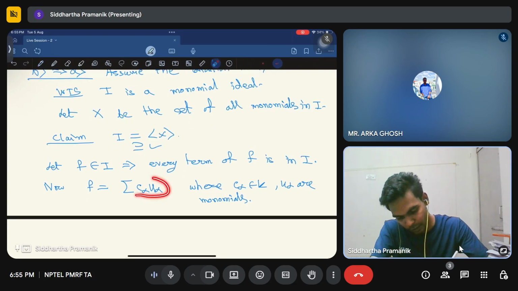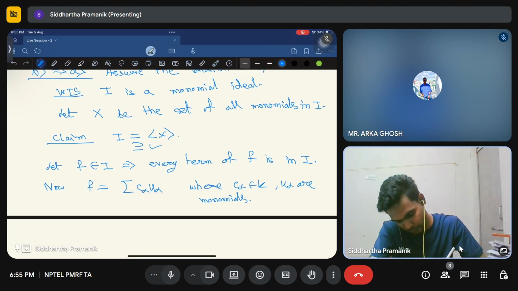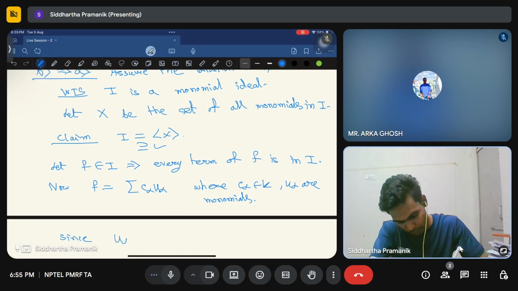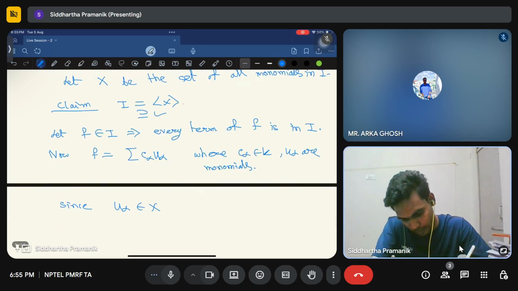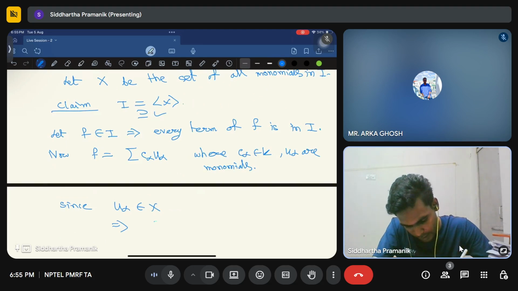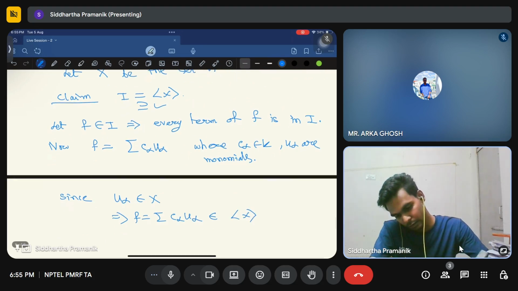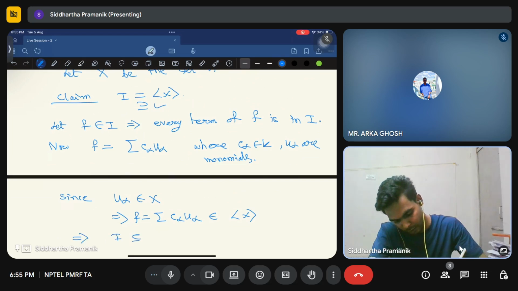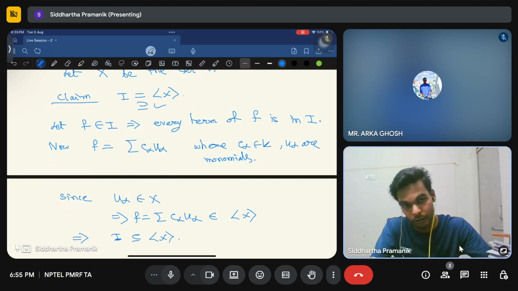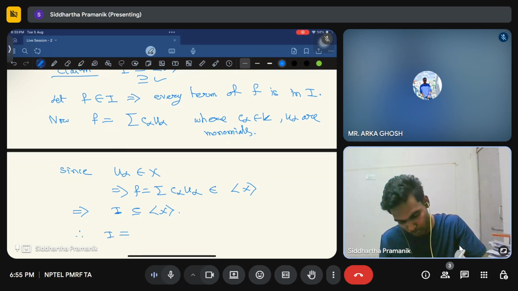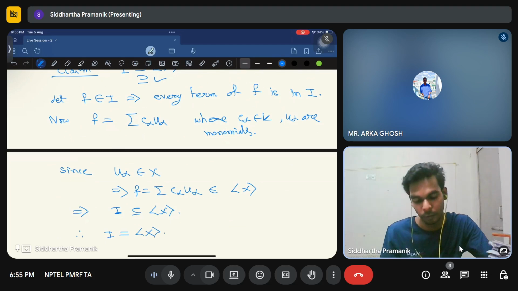So these c_alpha u_alpha are the terms of F. So u_alpha is in X, so that will imply summation c_alpha u_alpha belongs to the ideal generated by X, and this element is basically F. So this implies I is a subset of the ideal generated by X. So I is generated by the set of all monomials in I. So I is a monomial ideal.